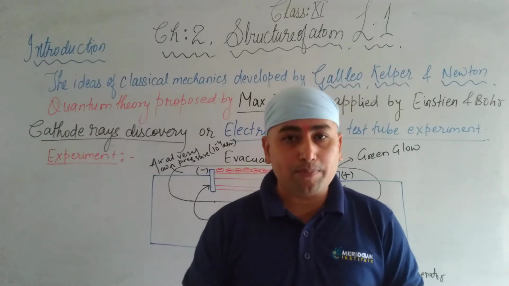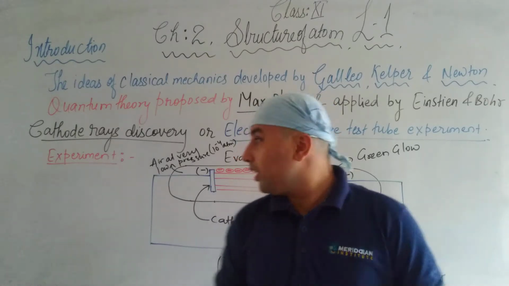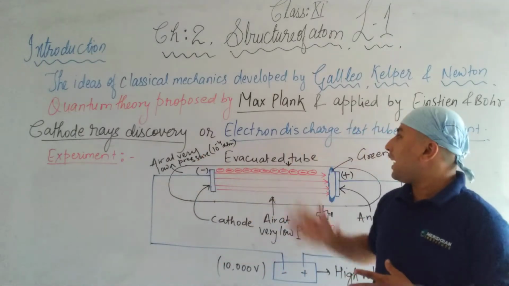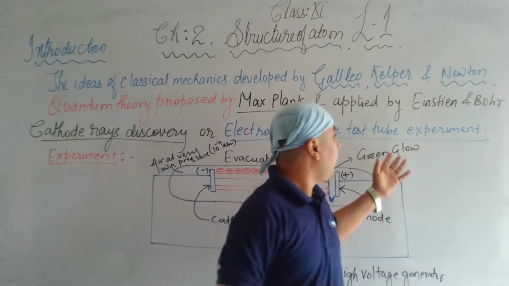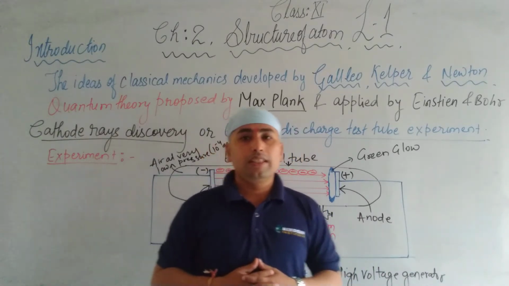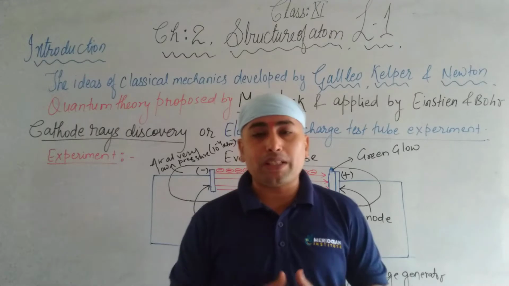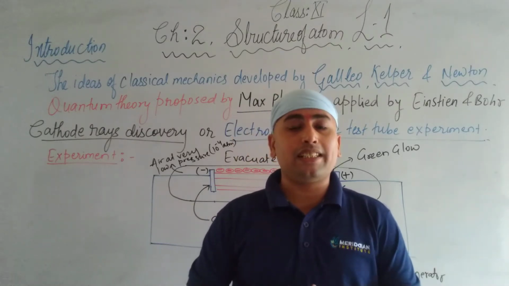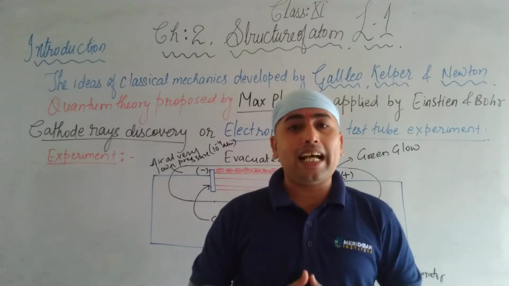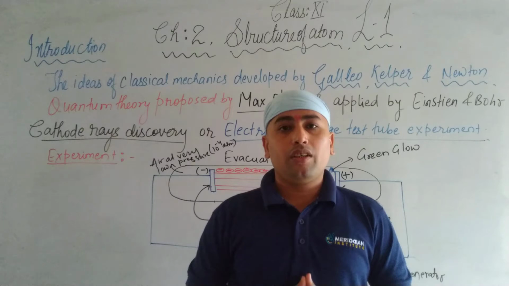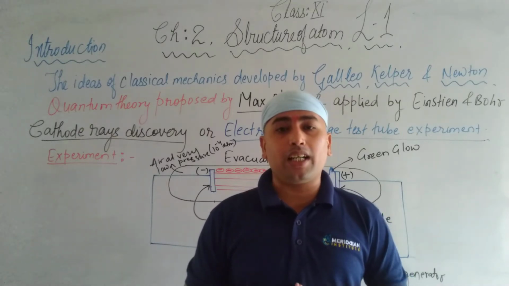So he did an experiment. That experiment is also known as the cathode ray discovery experiment, or electron charge discovery experiment, the discharge tube experiment. This experiment was specially proposed by Julius Plücker in 1864. He took an evacuated tube, because a perfect vacuum is not possible on earth.